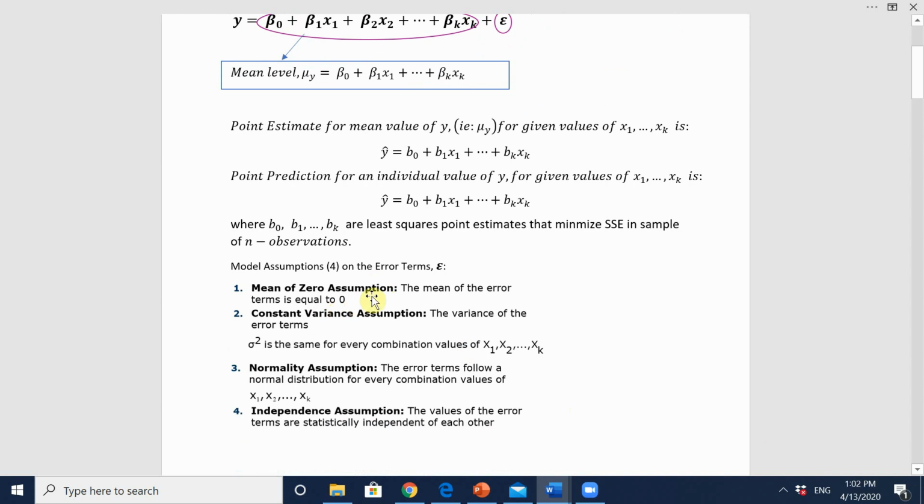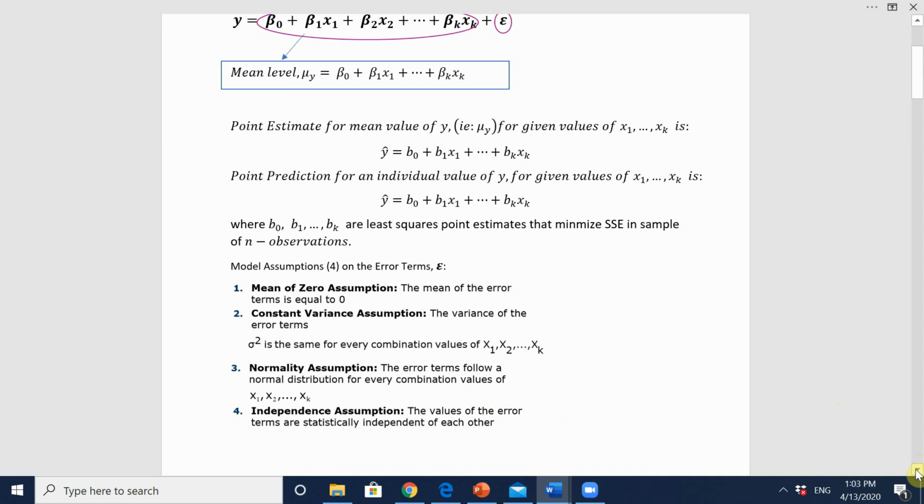So the error terms are assumed to have a mean value of 0, constant variance across all different values of x for each independent variable, and the normality assumption of the error terms, and that is that the errors are normally distributed for each combination of x values, and the independence assumption as well, and that is that the error terms are independent of each other across all x values. So much the same as what we've seen before.